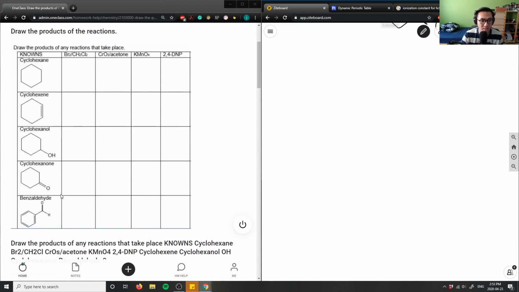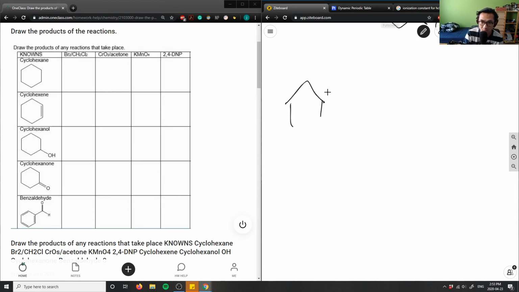And finally, benzaldehyde. Br2 will not substitute it. That's fine. CrO3, let me just check the strength of CrO3 for you real quick. Is chromium trioxide enough to oxidize to a carboxylic acid? I know KMnO4 would be, because potassium permanganate is a very strong oxidizing reagent. So in this case, benzaldehyde would oxidize to a carboxylic acid.